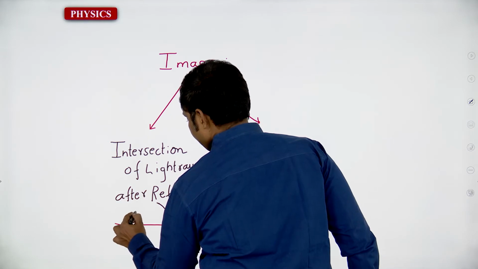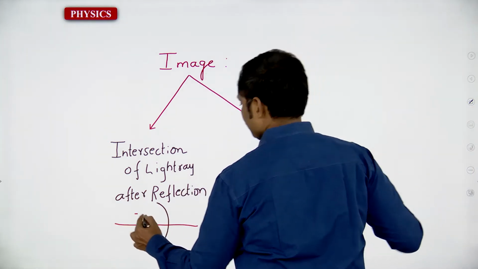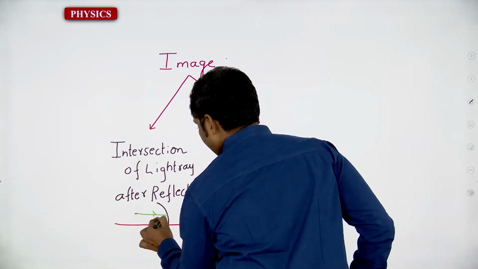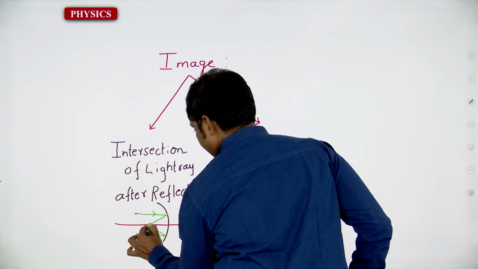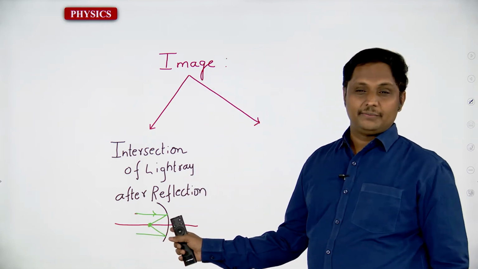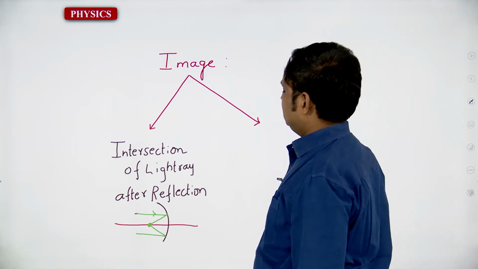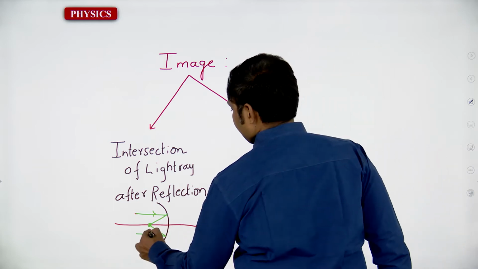If you are going to take this one, just take that color. It's better to have that. After the reflection, the intersection point makes the image.